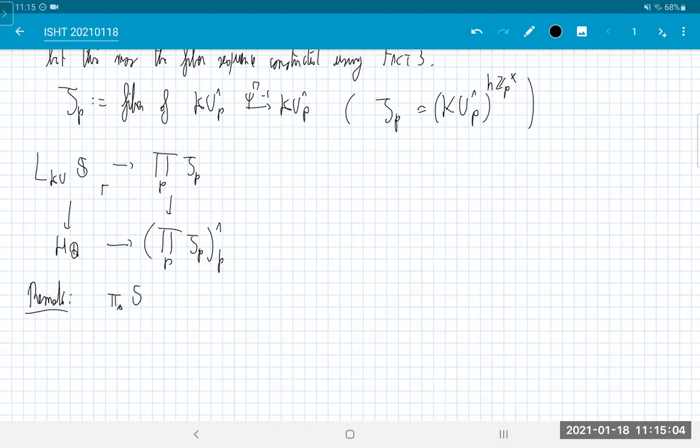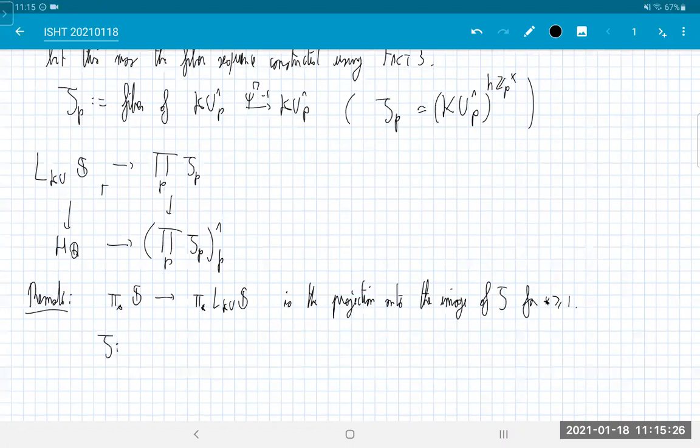The map from π_* of S to π_* of these KU local homotopy groups is the projection onto the image of J for * greater or equal than 1, where J is a certain homomorphism from π_* of O to π_* of S. It's not injective, but its image is a summand of π_* of S, and the splitting is given exactly by this, for * greater or equal than 1.